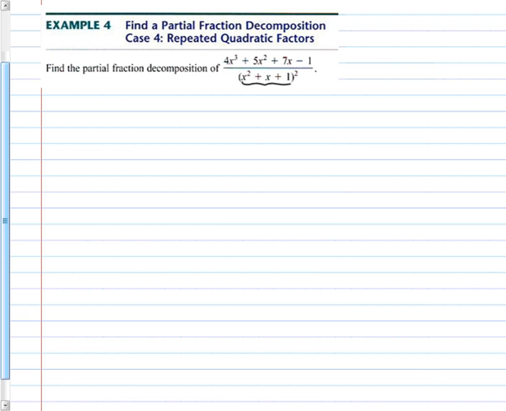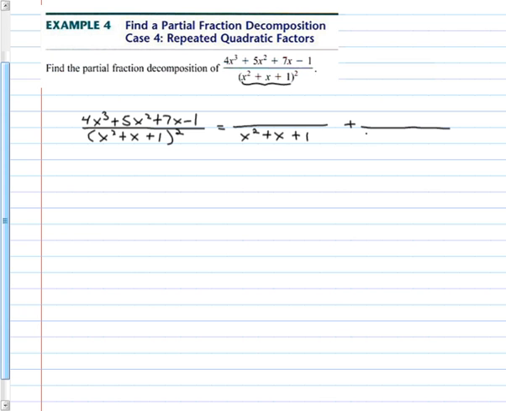And it's to the second power, so I'm going to need 2 of those lovely things. 4x cubed plus 5x squared plus 7x minus 1 over. Now, as I'm writing this, and you notice it takes me a little while, be careful of the details, because that's where you usually make a little mistake on these. These tend to be not hard, but a little long.